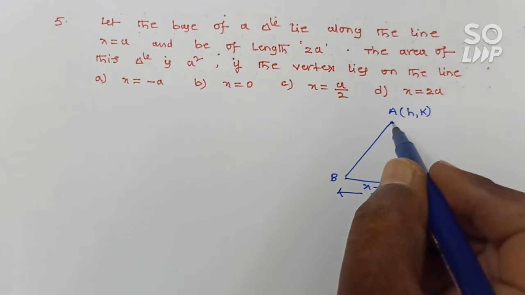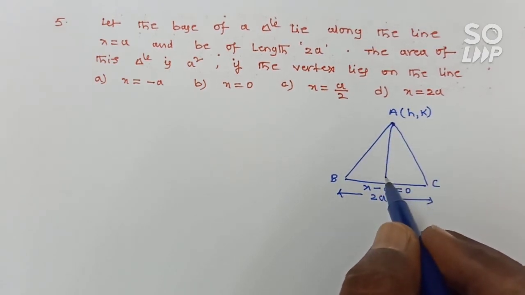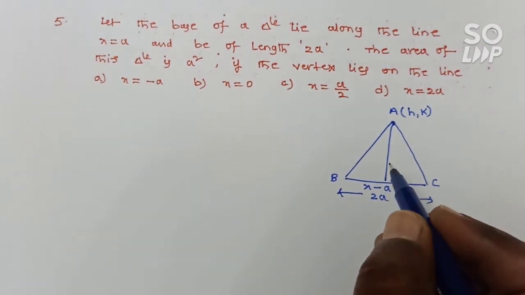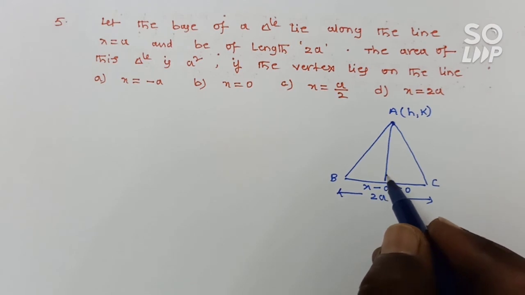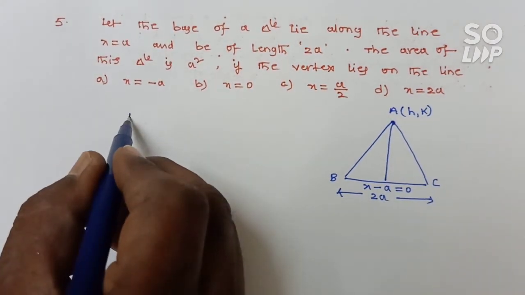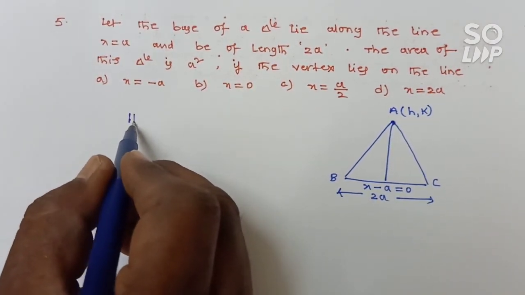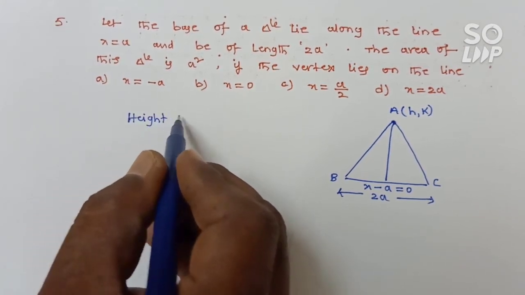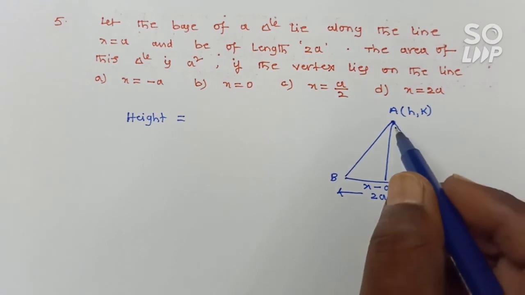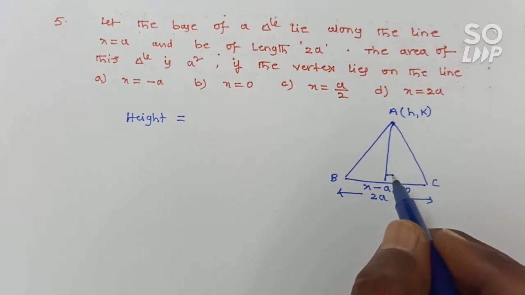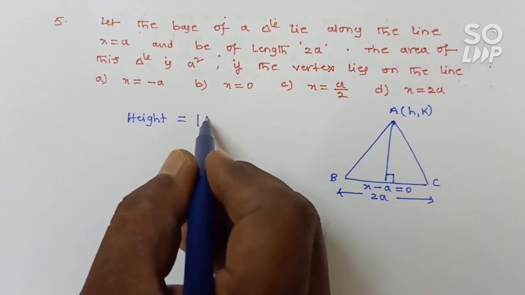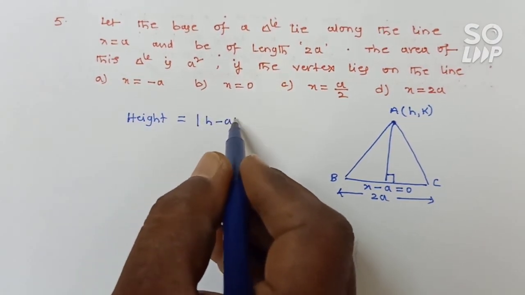You know that the area of the triangle is half into base into height. Here this one is the height. The height is the perpendicular distance from this point to the line, that is the modulus of h minus a.